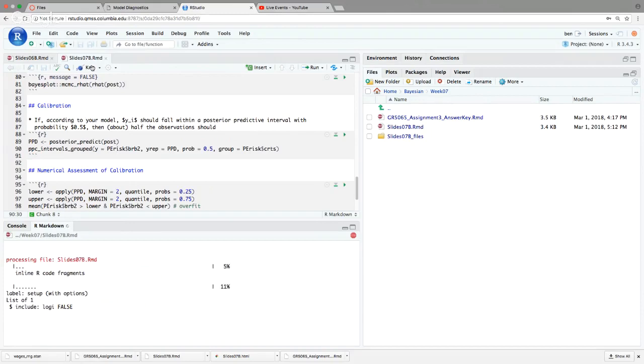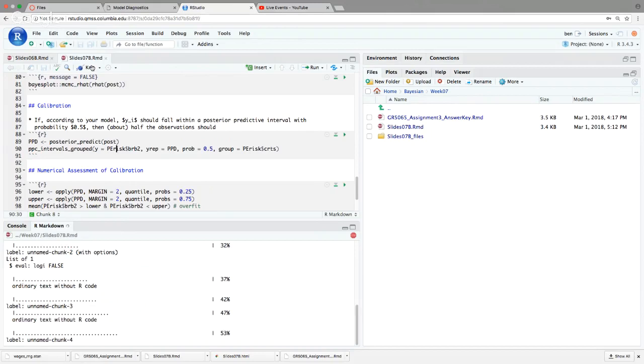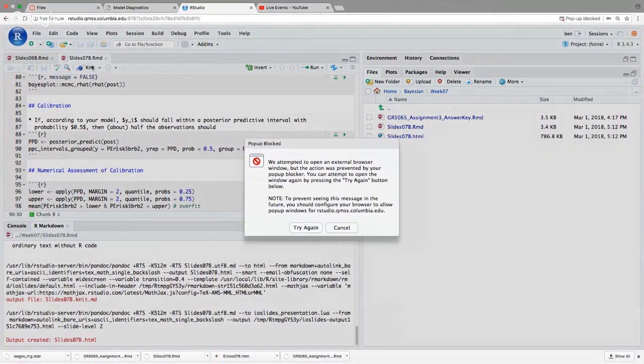Now you can describe the center of that with the mean or the median or whatever, but really the whole distribution reflects your uncertainty. And so it's more common to do diagnostics and to convey your results with plots than with numbers.